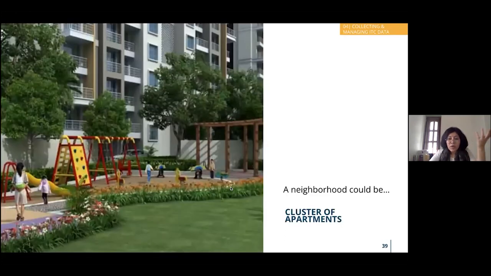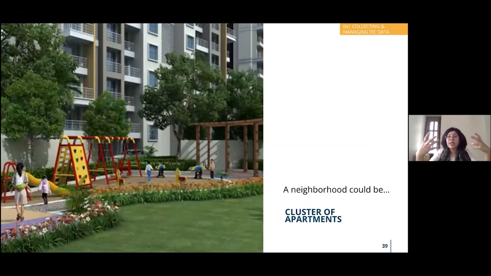So based on this concept, यदि आपके पास एक cluster of apartments है 12 से 15,000 population, that becomes a neighborhood, right? So you can also do these assessments at that level कि वो neighborhood में जो park है apartment में, is it really playful?